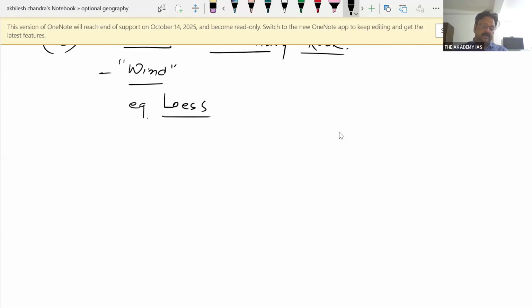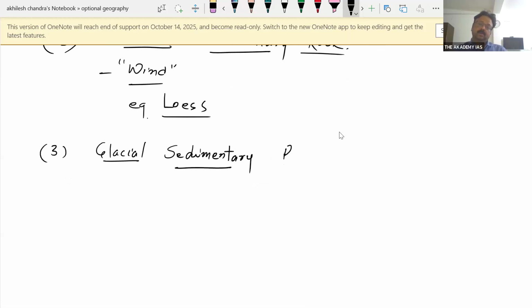And the third one is glacial sedimentary rock, that means brought by glacier.